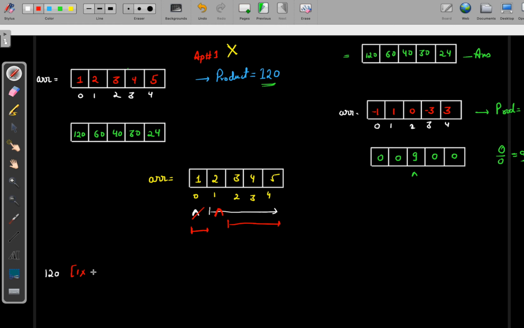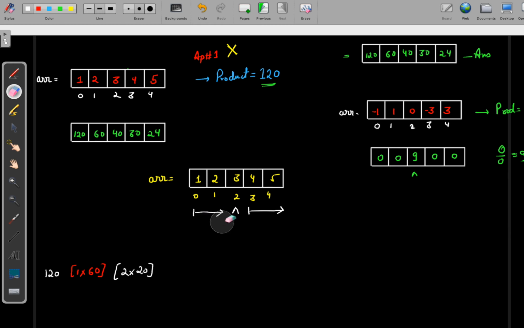So you will get 1 into 60, right? Then you will again move, take one number, again start from 0, take the product of this side, and then the product of this side. So then what you will get is 2 into 20.